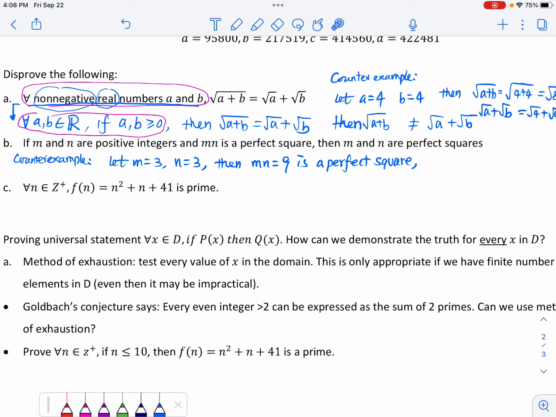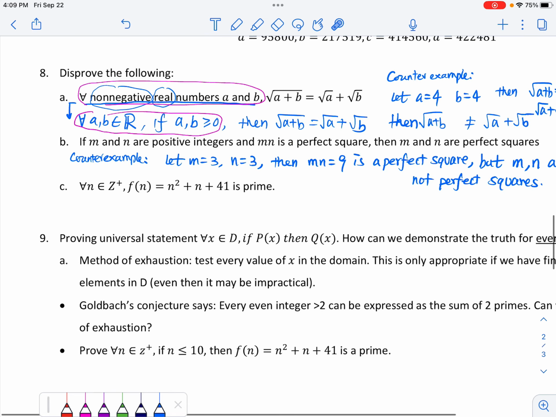Now let's see, but m and n are 3 and 3, which are not perfect squares. So therefore, this is a counterexample that disproves this statement.